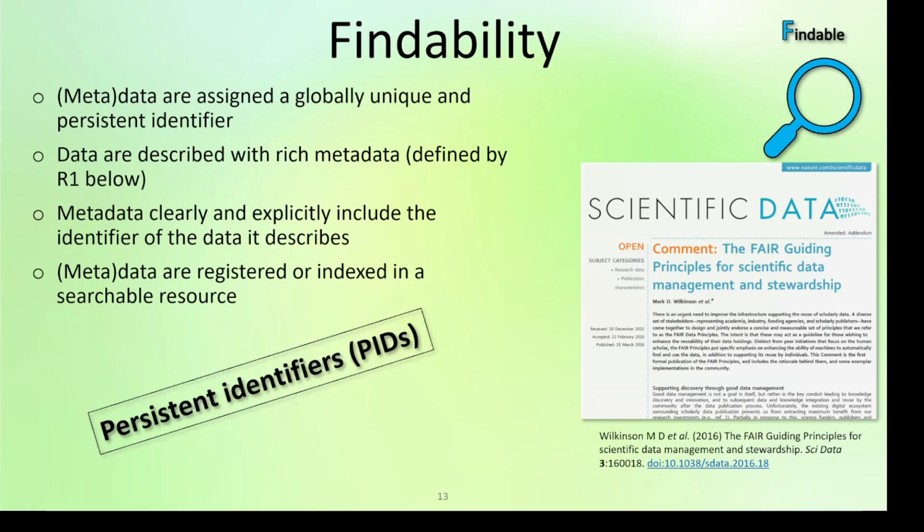And what they mention regarding findability, but you find it also in all the other aspects of the FAIR principle, are persistent identifiers, PIDs. They are machine readable, and they identify an object or almost everything digital.